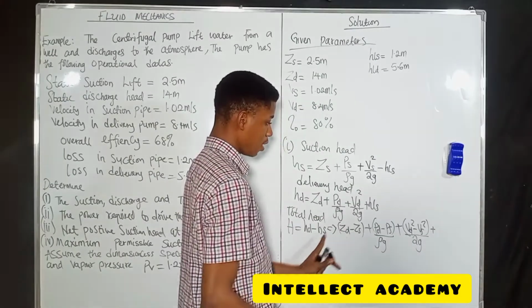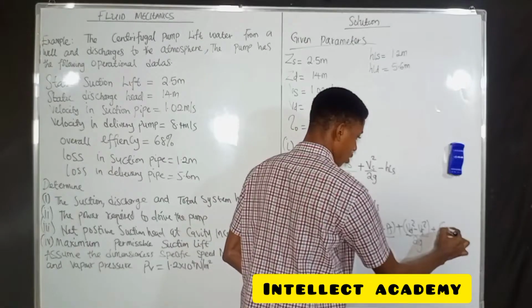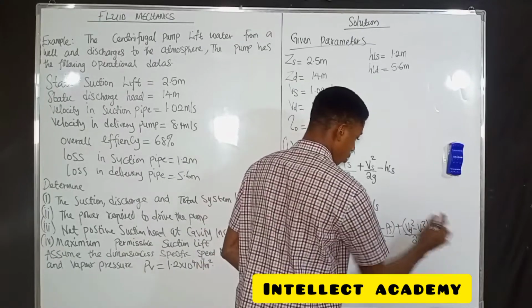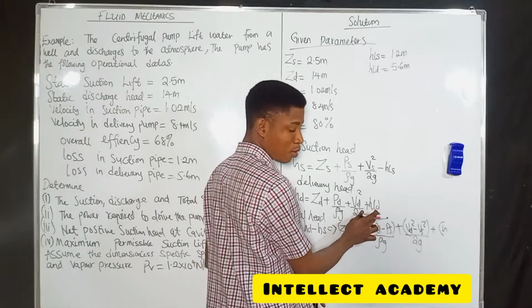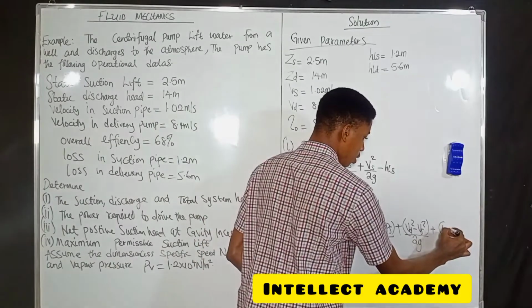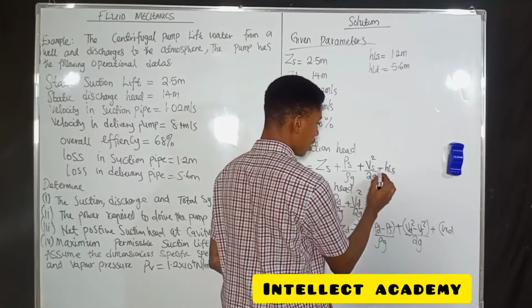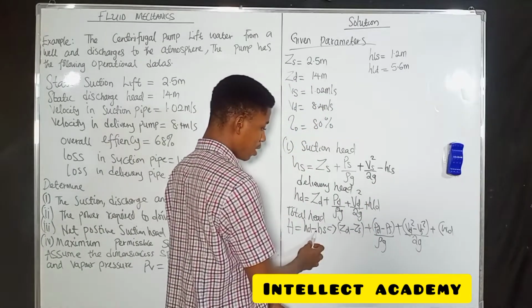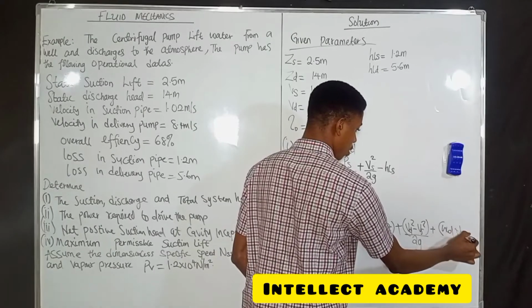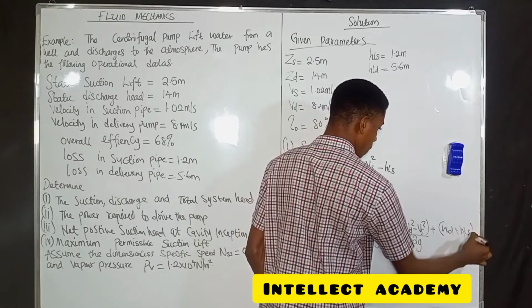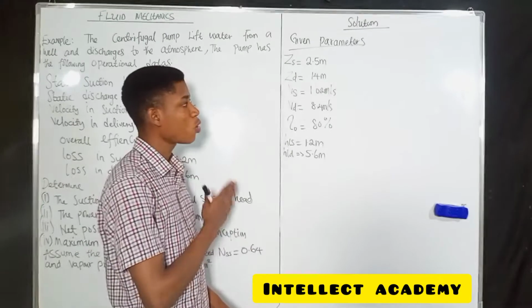Take note, very important, we're having HLD. Now, there's a negative here and we're subtracting a negative, so it will automatically affect this. This will become plus HLS.